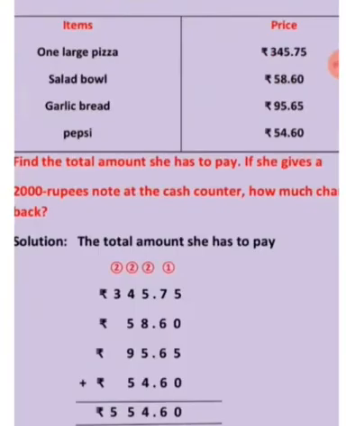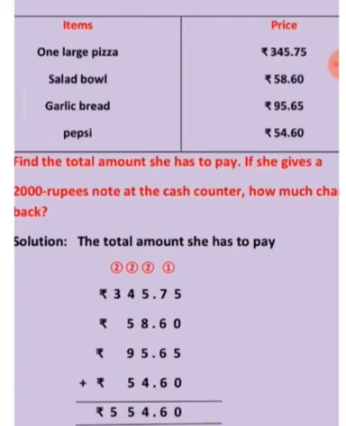Now Ekta is a girl. She went to a pizza place and there she ordered some items. Here is the list of the items: 1 large pizza, salad bowl, garlic bread and Pepsi. These 4 items Ekta ordered.